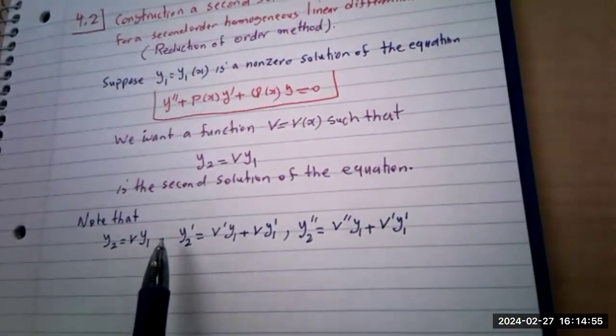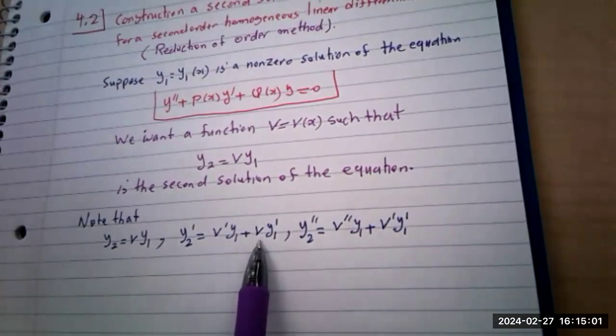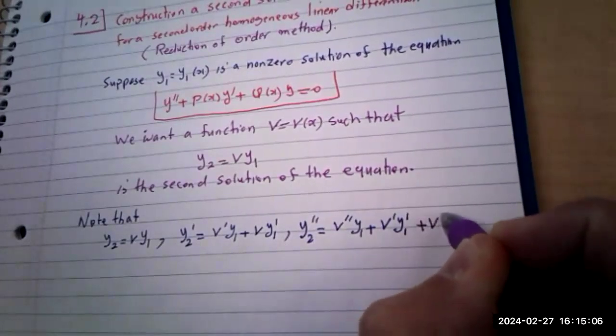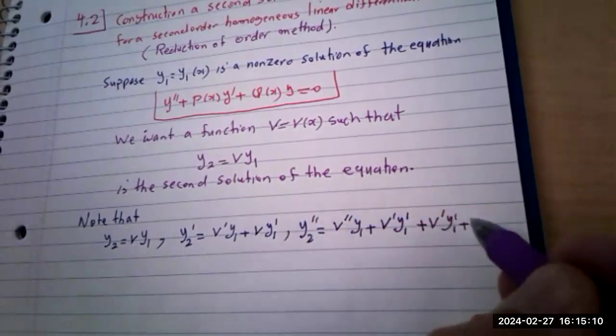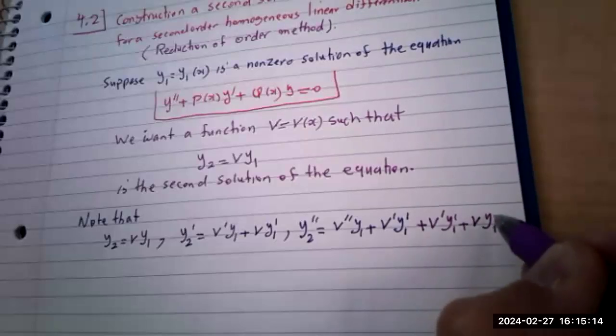That's from the derivative of the first term. You have another one, the second one. You continue, so that gives you plus v prime y1 prime, plus v y1 double prime.